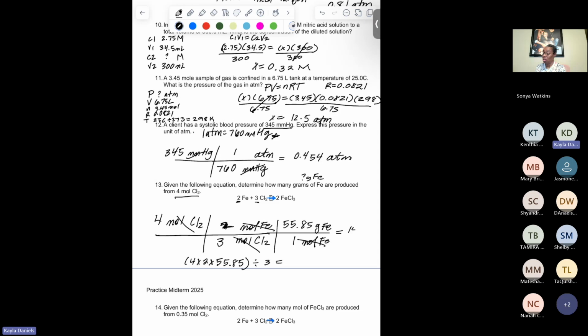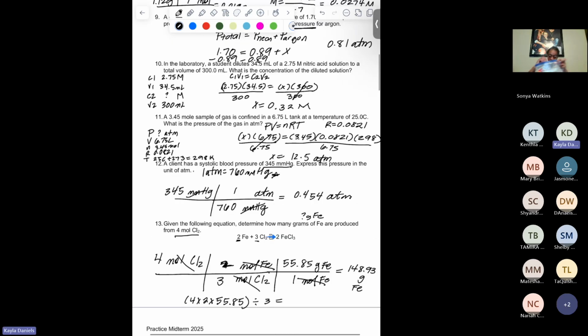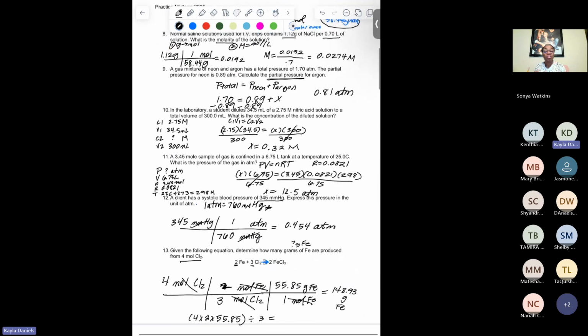I got 148.93 grams of iron. Any questions on this page?